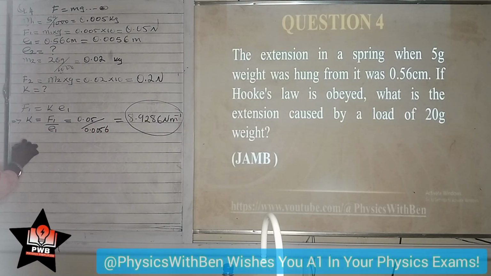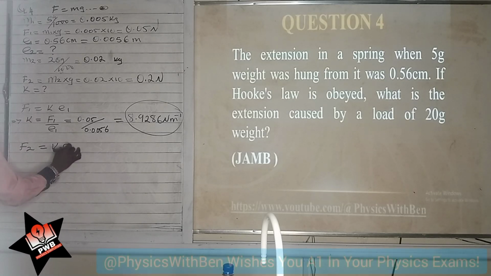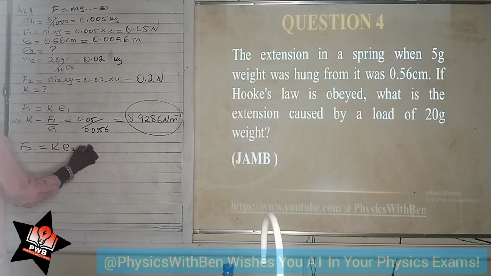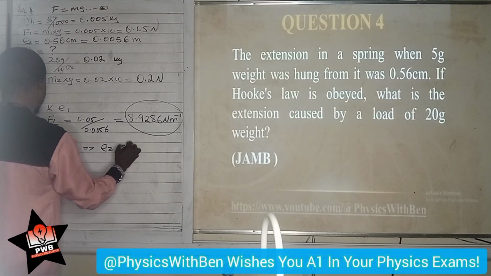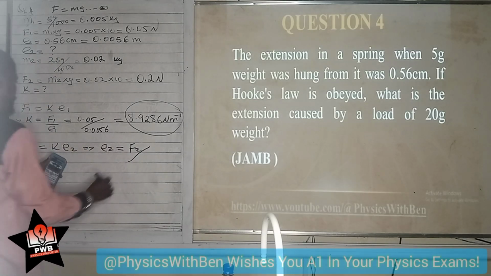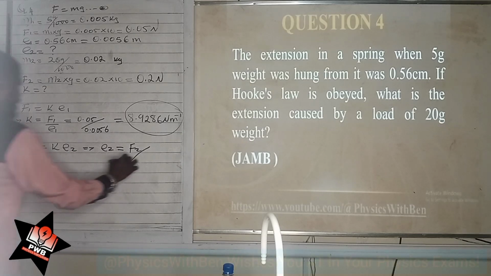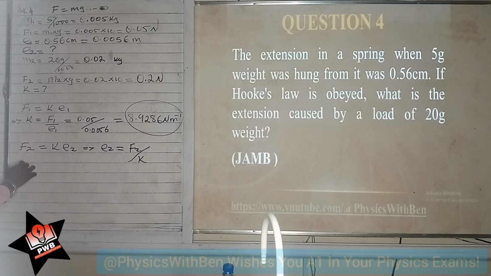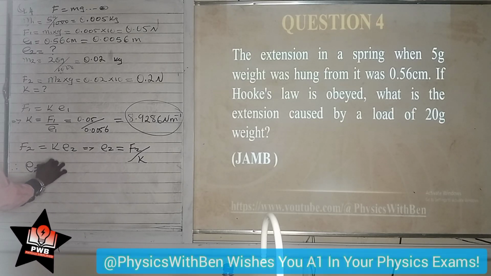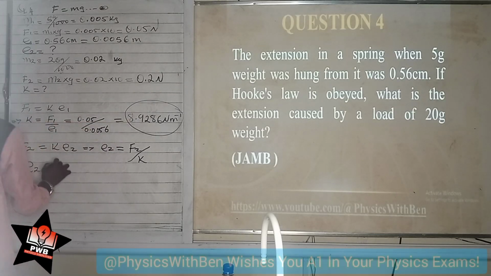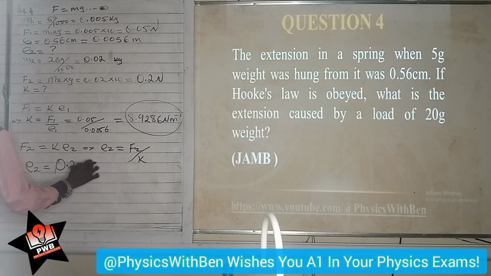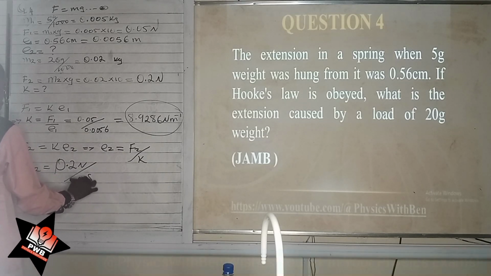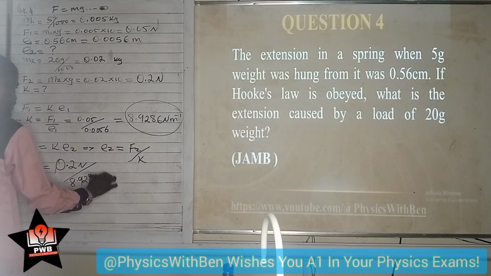So from here we have that F2 is equal to K E2. We are going to make E2 the subject of the formula. This implies that E2 is equal to F2 divided by K. Therefore E2 is equal to 0.2 Newton divided by 8.9286 Newton per meter.